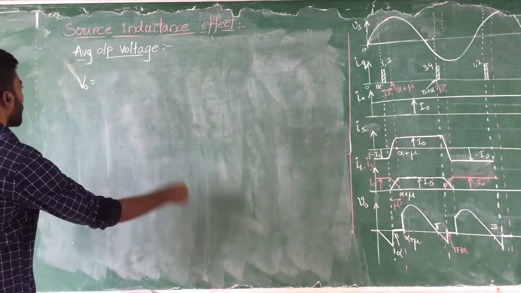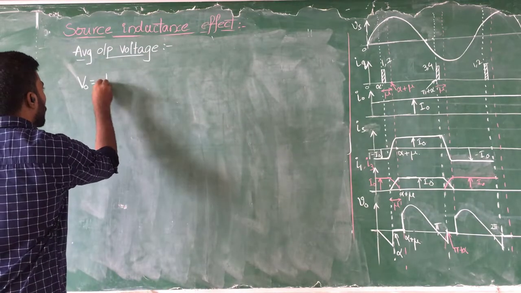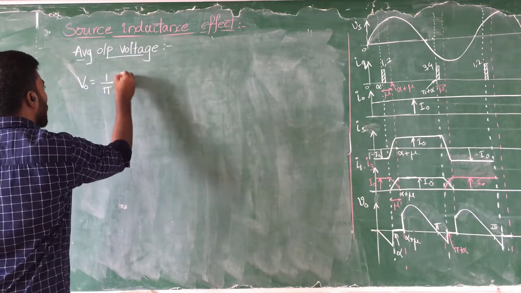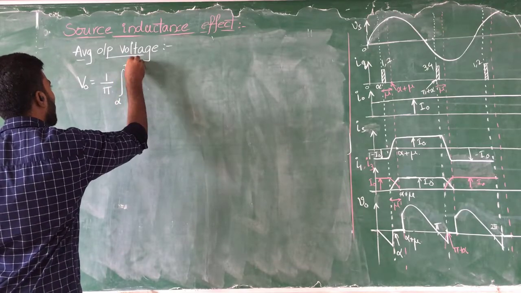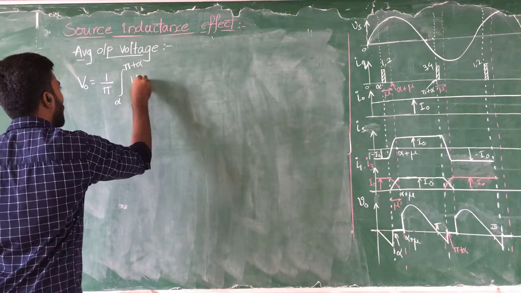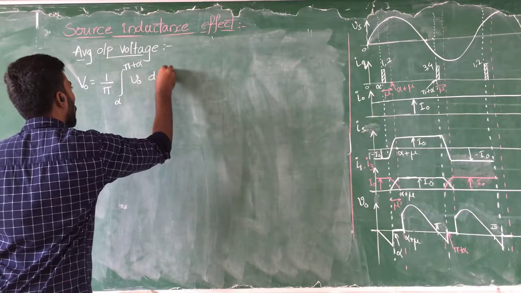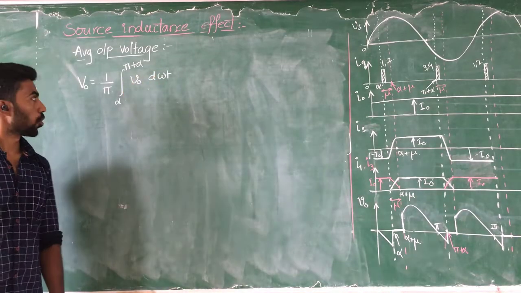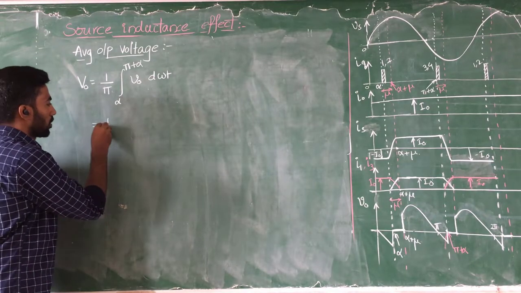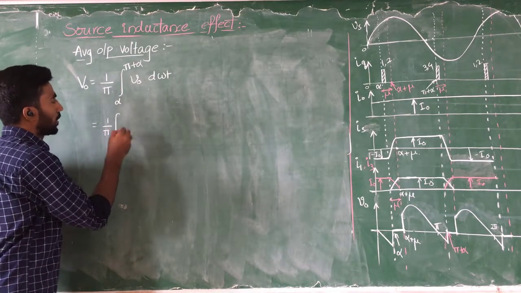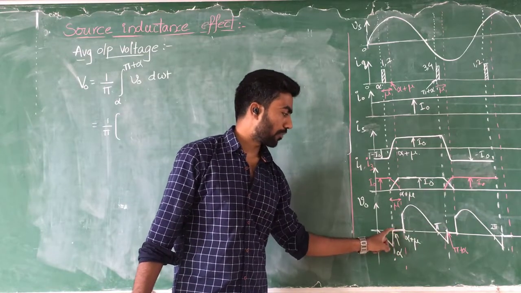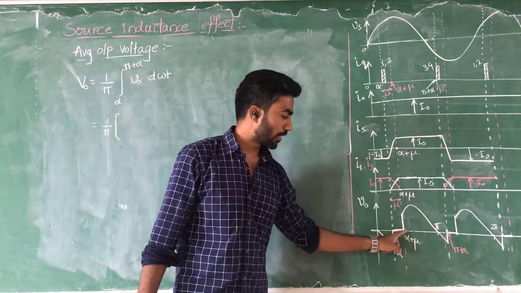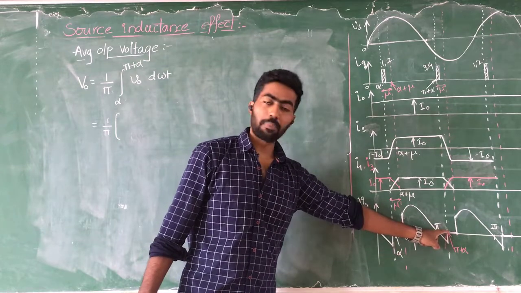The time period for one cycle is pi radians, so the average output voltage expression is 1 by pi integral of V naught d omega t. There are two intervals from alpha to pi plus alpha: one from alpha to alpha plus mu, another from alpha plus mu to pi plus alpha.